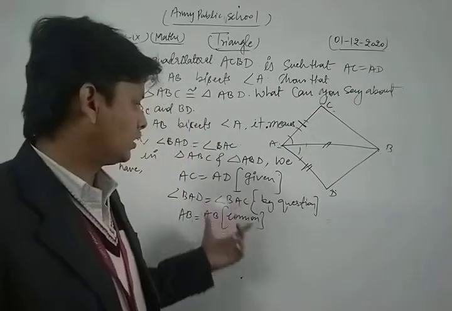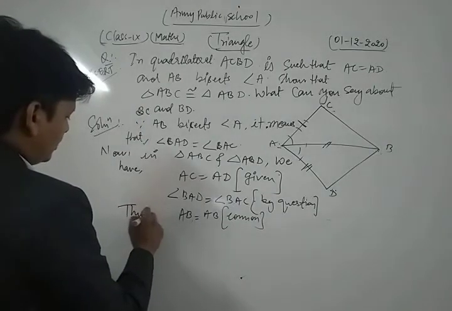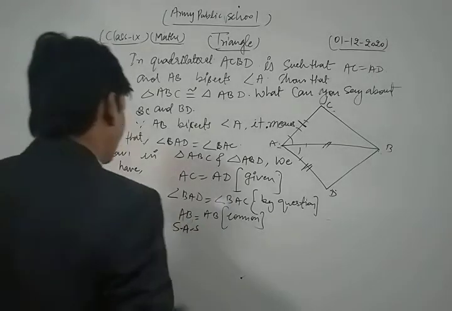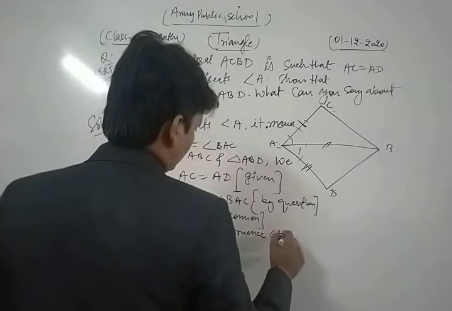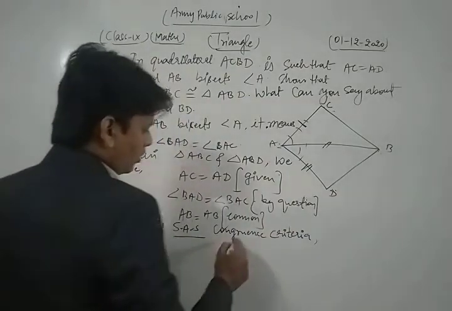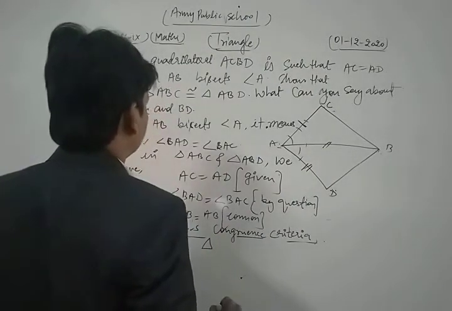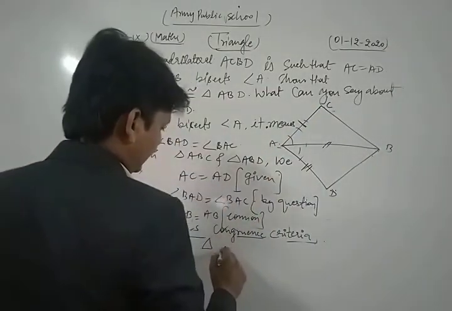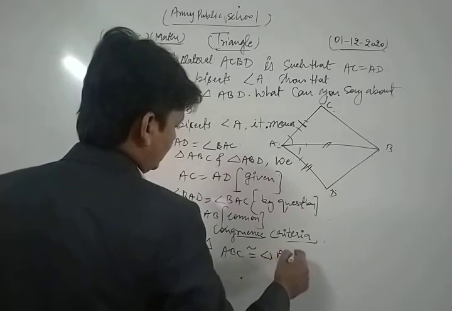Thus, by which congruence criterion? Side, angle, side. Thus by SAS congruence criterion, triangle ABC is congruent to triangle ABD.